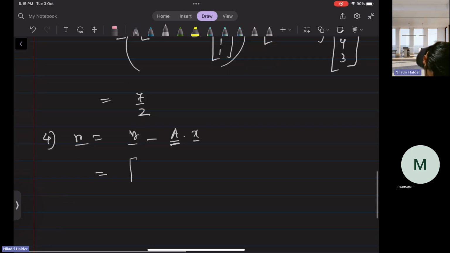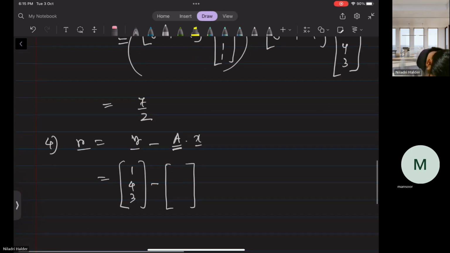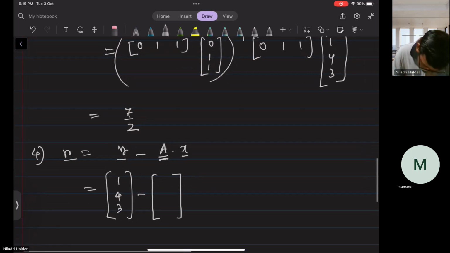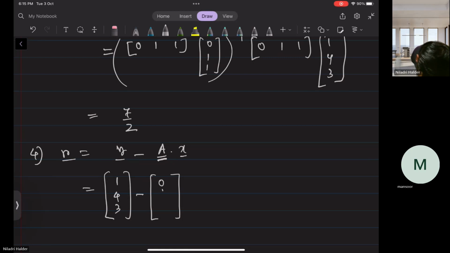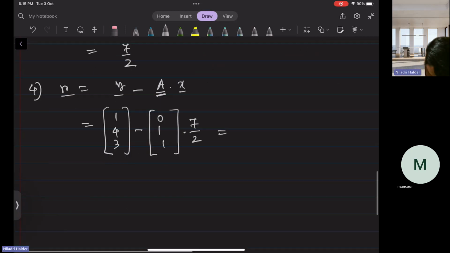So that is equal to y, which was 1, 4, 3, minus A, which was just a column vector 0 1 1, into x, which was 7 by 2.